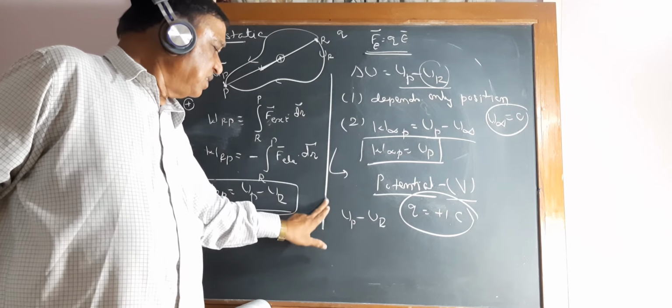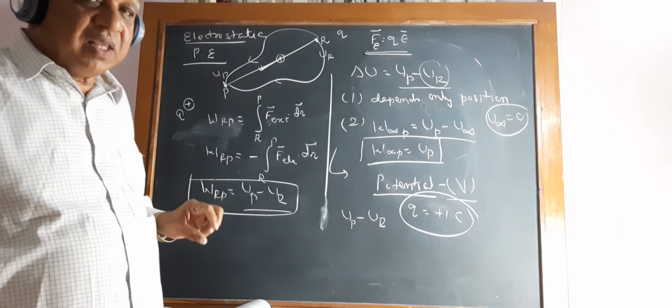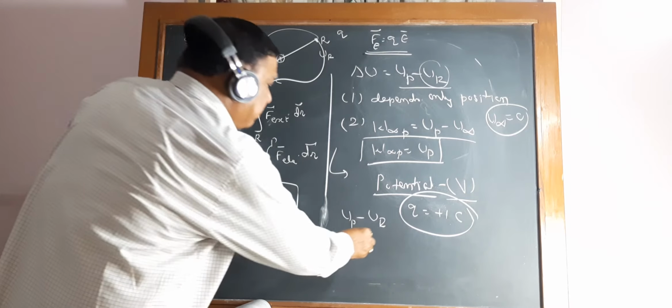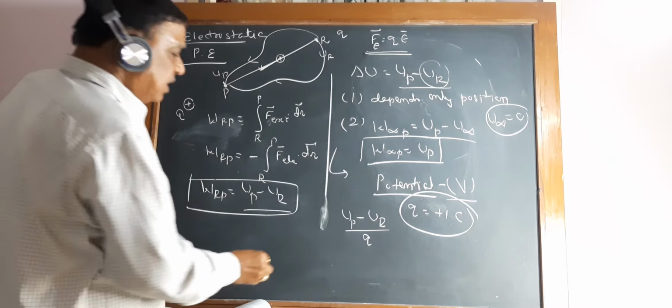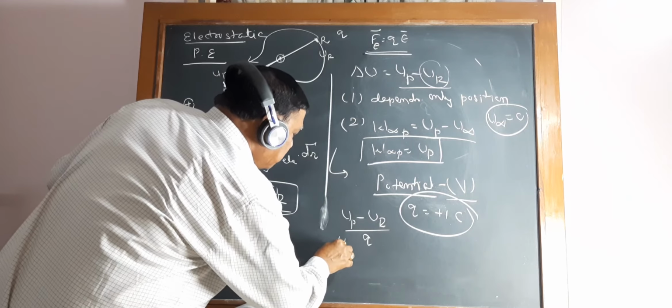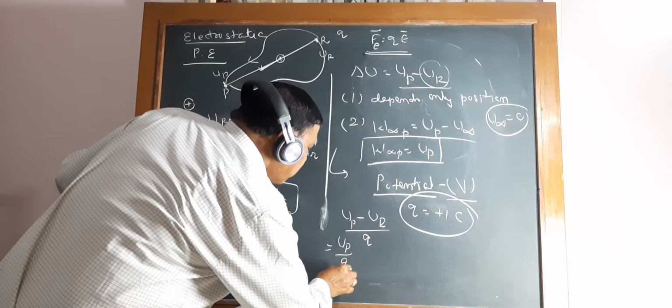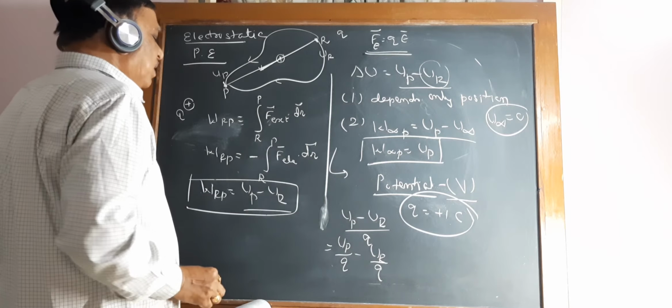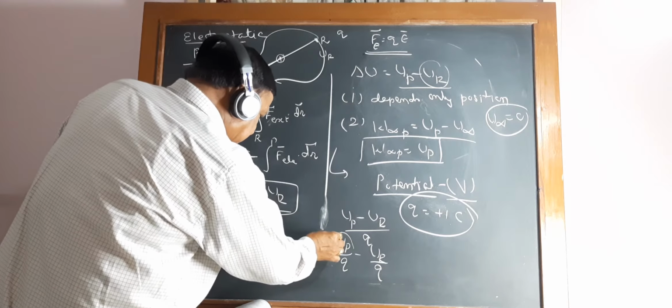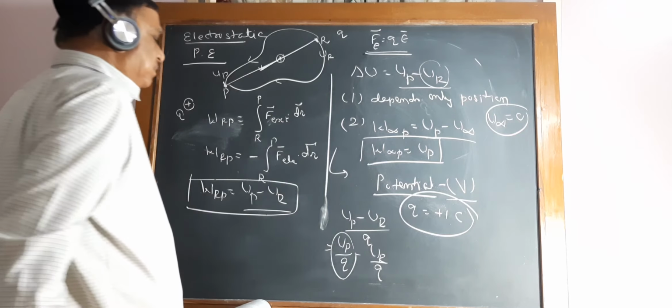Depends upon charge. But we divide by Q. Then we can say it is nothing but UP by Q or minus UR by Q. Now try to understand this term.